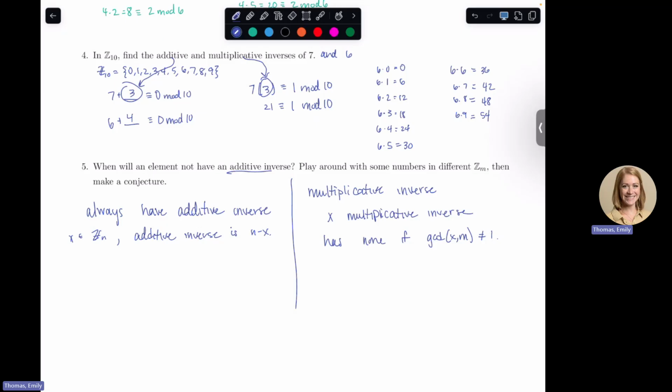I could say this in a way that wasn't so negative. It has one if the GCD of X and M is 1. If they are relatively prime, then it will have a multiplicative inverse. Are we okay with that?